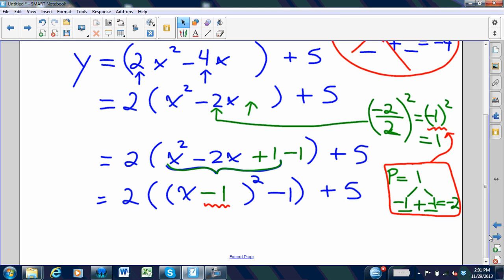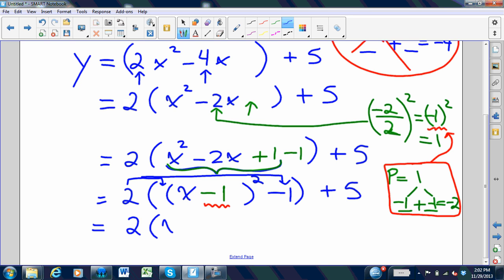At this step, we're almost done. We just need to clean up the final equation a little bit. So we have a 2 out in front that's going to distribute itself inside the bracket to both the x minus 1 squared bracket and to the other term inside that bracket, which is a negative 1. It's important to note that the 2 is not going to multiply inside the x minus 1 squared bracket. It's just going to be multiplying the outside of that bracket.